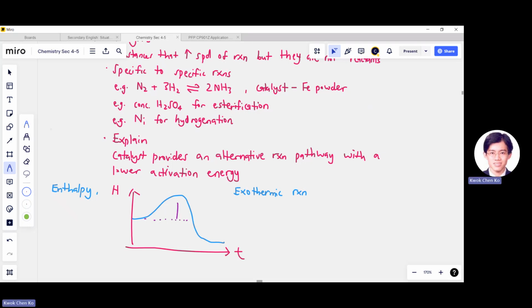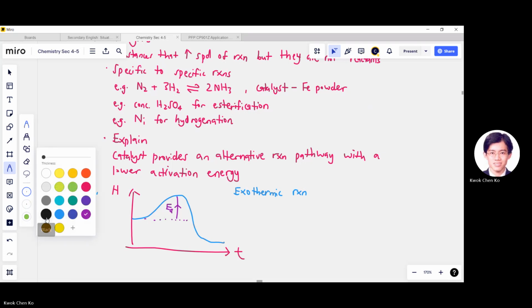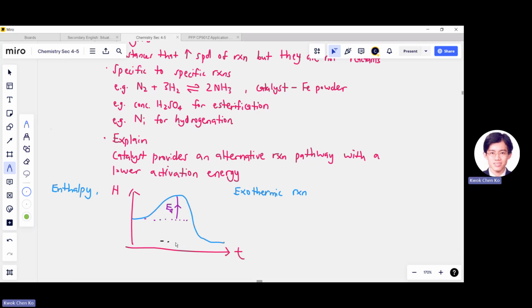Which arrow? Label the delta H. So is the arrow up or down? Okay, from here, go down.